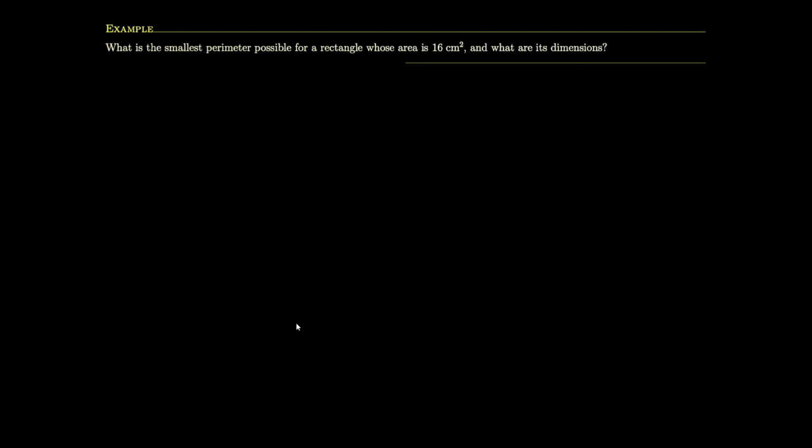If you remember, we had a wire, and then the perimeter was fixed. We wanted to find the maximum area. But here the problem is a little bit different. The area is supposed to be fixed and to be 16 centimeters squared, but we want to find the smallest perimeter. Yes? Okay, so what should we do?